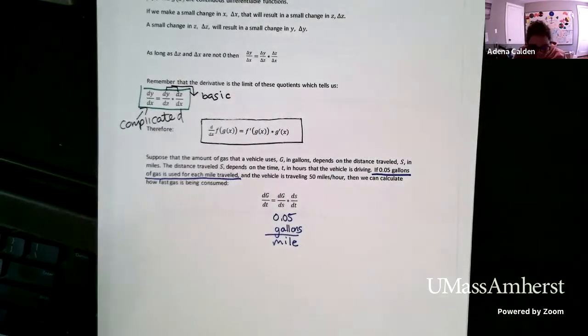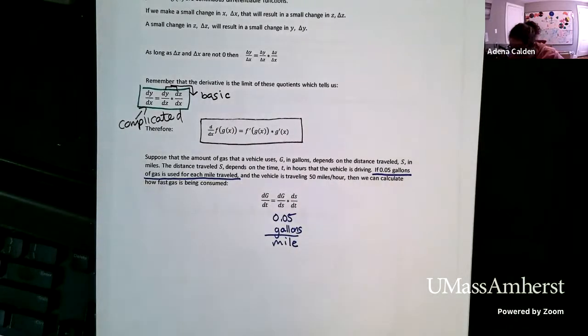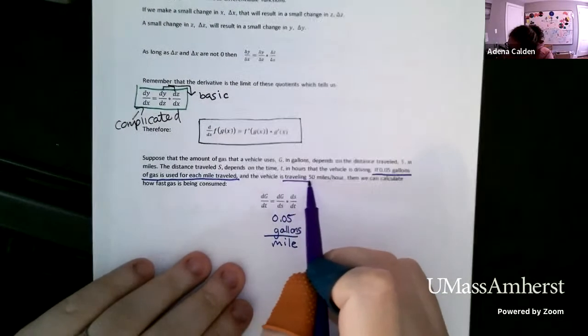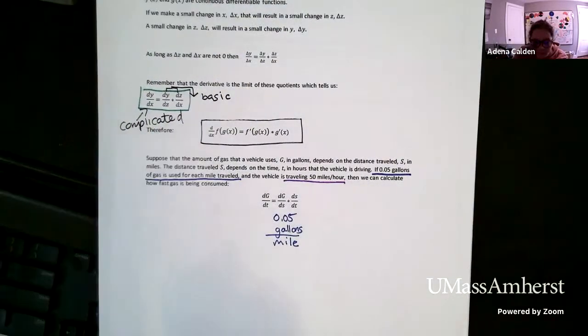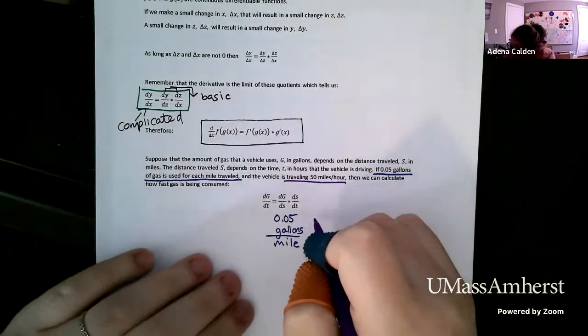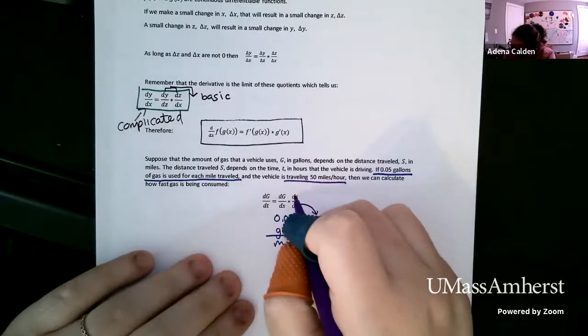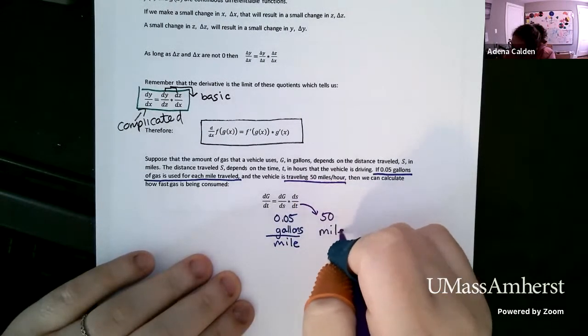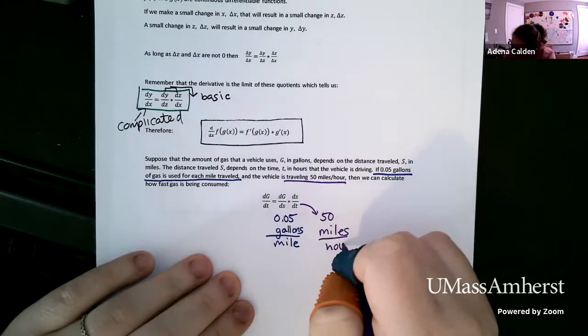You'll often hear people talk about gas in terms of gallons per mile when they talk about how much it costs. We also know that when we take this journey, we're traveling 50 miles an hour. That's a distance over a time. So 50 miles per hour.